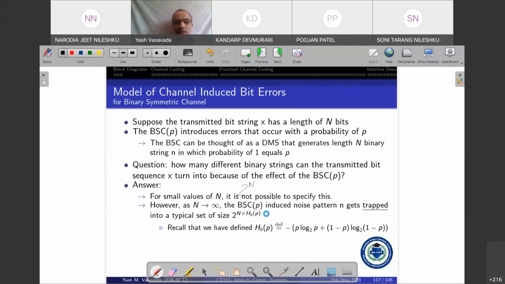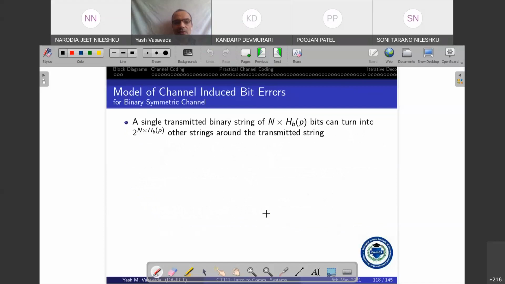So the way to think about it is that when you transmit a length n bit sequence, it can turn into 2 to the power n times HB of P sequences.